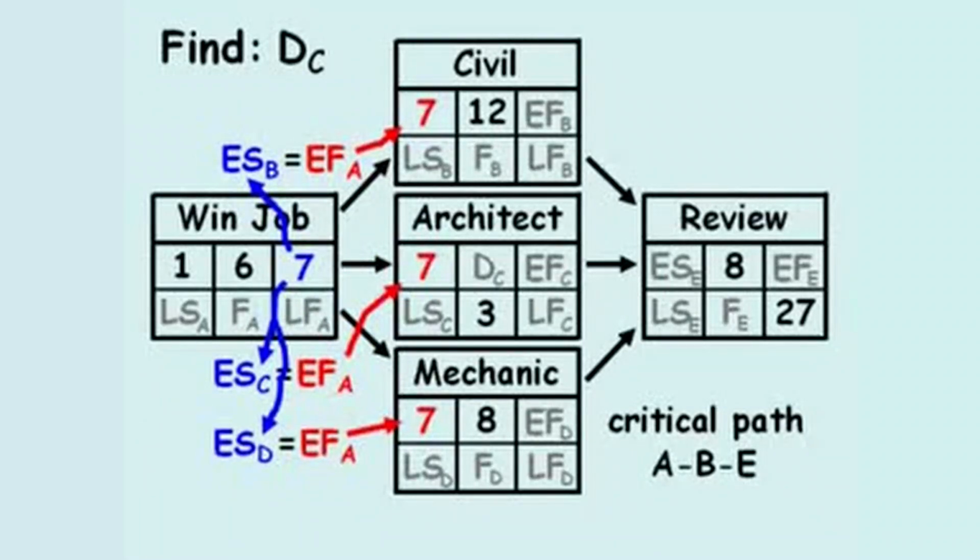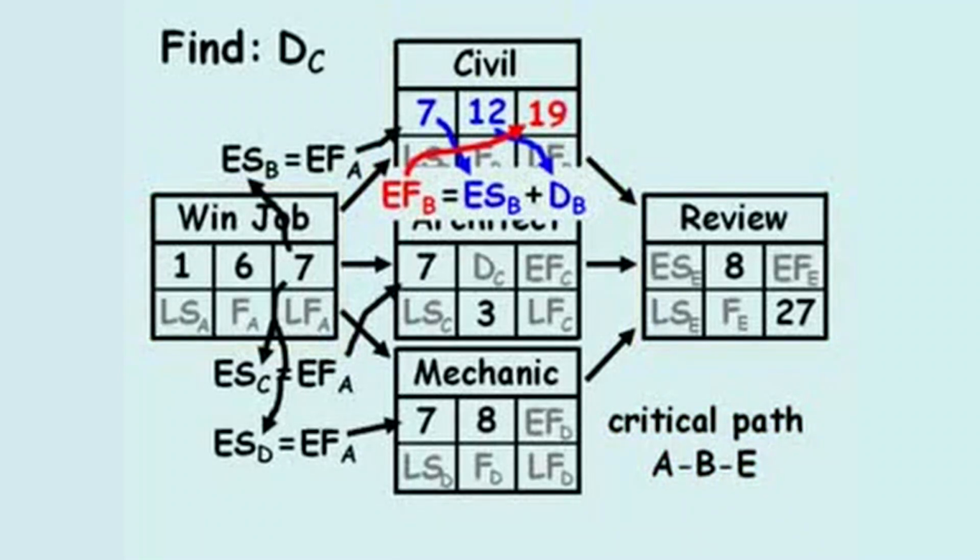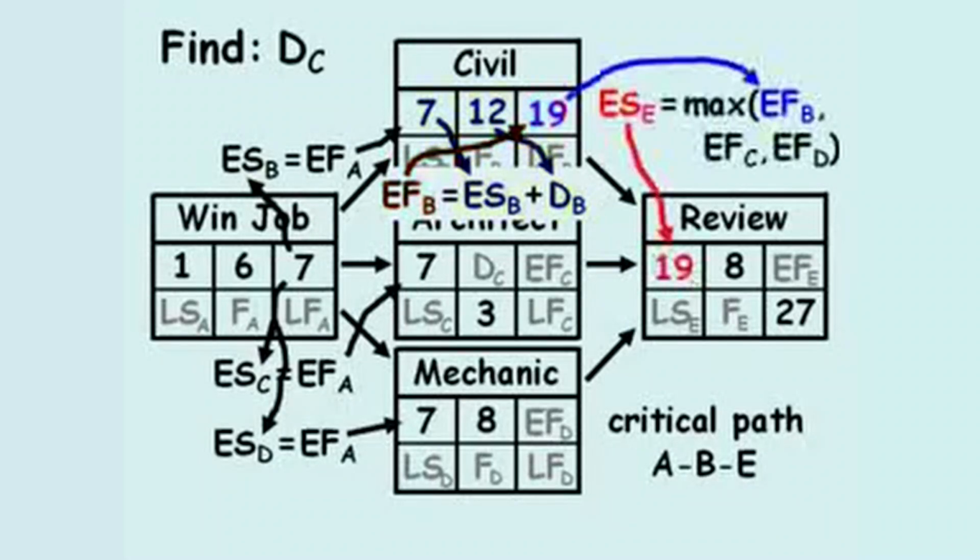Since we know the critical path runs through activity B, civil design, we'll finish the forward pass through this path only. The early finish of civil design work is 19, which makes the early start of review also equal to 19.